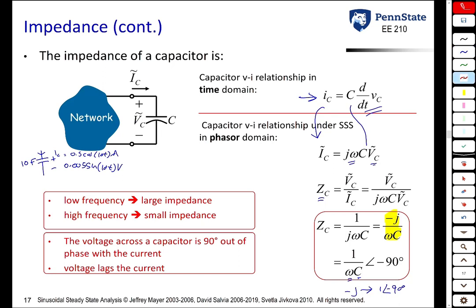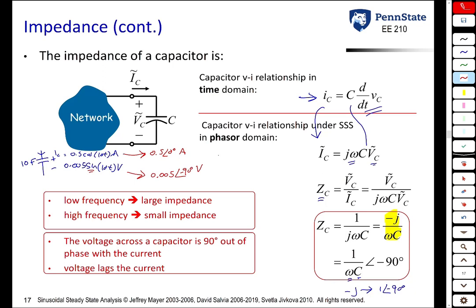So the phasor equivalence: the current is 0.5 at an angle of 0 degrees amps. The phasor equivalent of the voltage is 0.005 at an angle of minus 90 degrees volts. Remember, sine, when you convert it to phasor, you have to subtract 90 degrees.